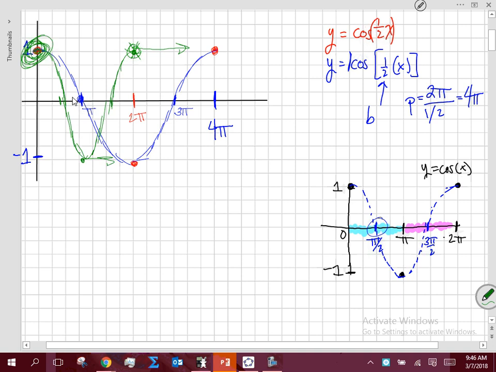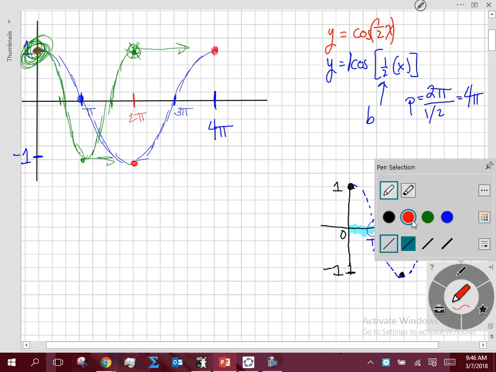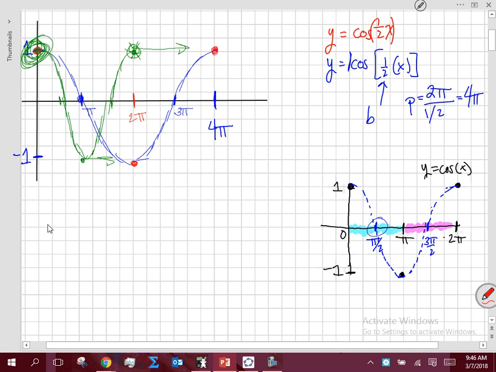Okay. So what I want you guys to understand is that when we look at our b value, when I go y equals, whatever my trig ratio is, so a times, let's use sine right now, of b, I'm going to write it this way, x plus c plus d.